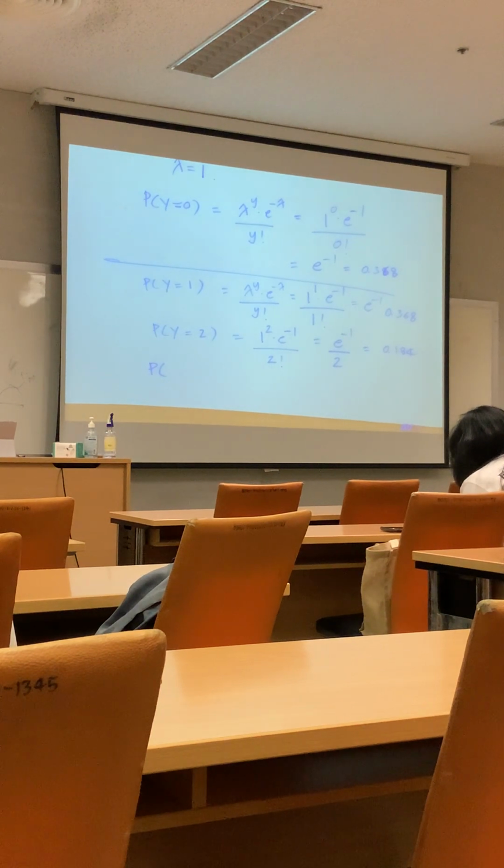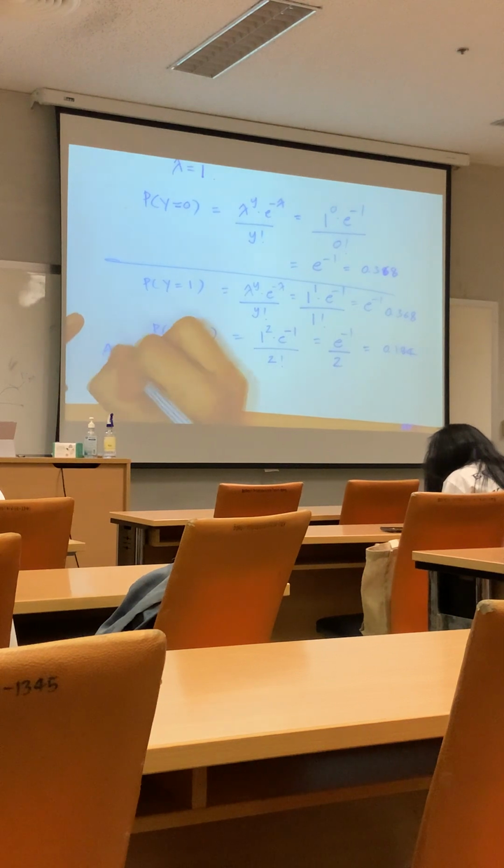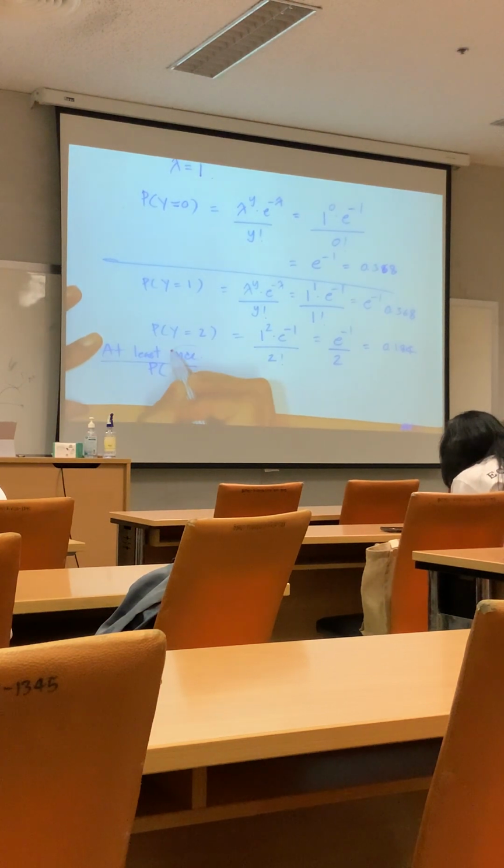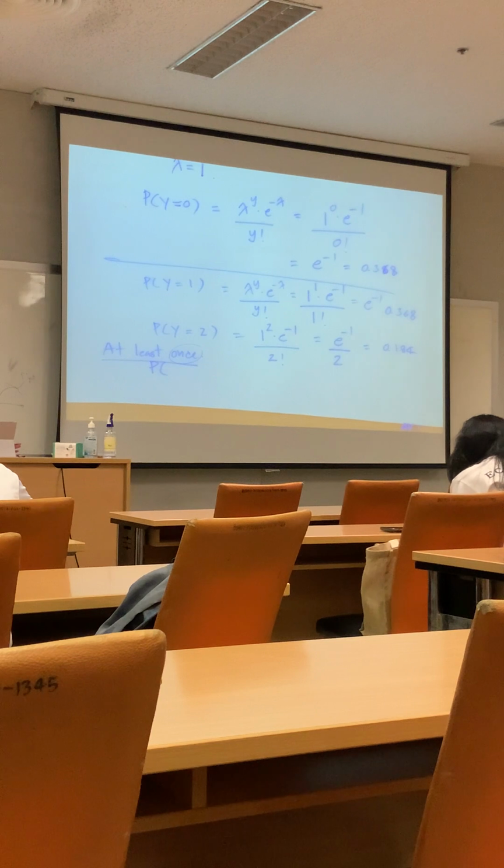Read the questions again. Okay, last one. At least once. At least 1 means at the very least 1 visit, but it could be 2, 3, 4, 5, 6, and it can go on forever because we don't have an upper limit for y in a Poisson distribution.